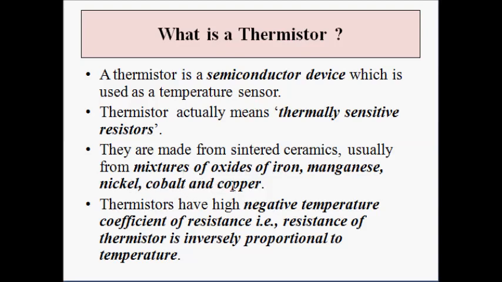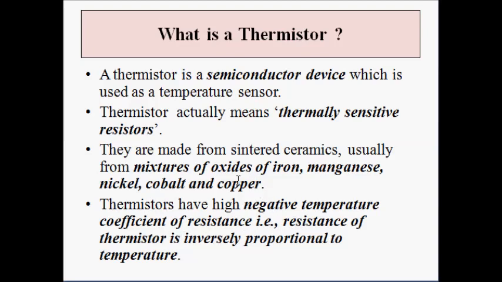The operating principle here is that thermistors have a negative temperature coefficient of resistance. It means that the resistance of the thermistor is inversely proportional to the temperature of the object or the surroundings in which the thermistor is installed for measurement purposes. Note that RTDs have a positive temperature coefficient of resistance, meaning the resistance of an RTD is directly proportional to temperature, but in a thermistor it is the opposite.